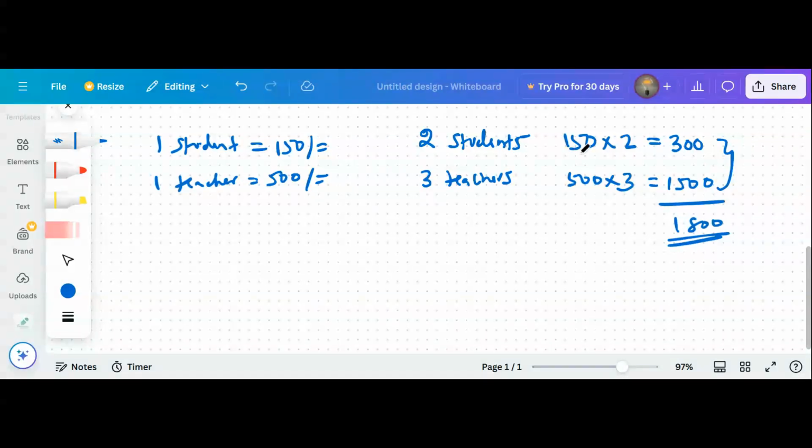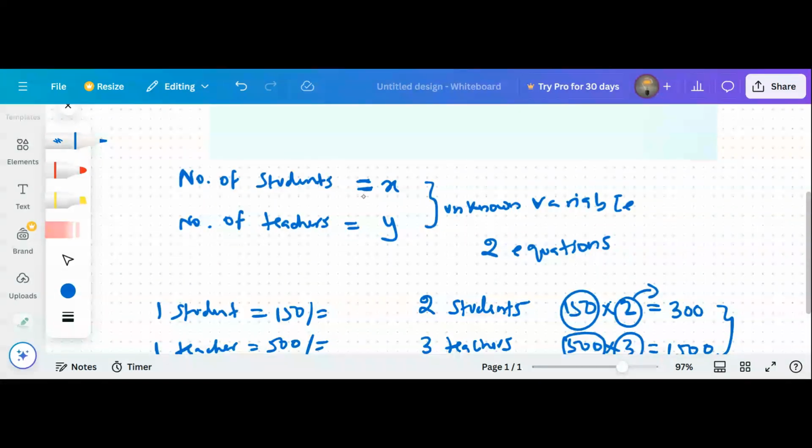So the amount of money each student gives into the number of students, plus the amount of money each teacher gives into the number of teachers. That's it. So 150 into how many students are there, we have taken it as x.